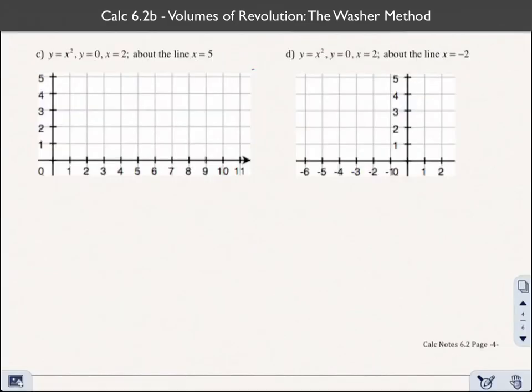Alright, let's move on. In letter C, we still have the same region that we're bounding here. We still have y equals x squared, y equals 0, and x equals 2. And now we're going about the line x equals 5. So now we have a vertical axis of revolution. Okay, so if we're going to draw this, we need to make this symmetrical on the other side.